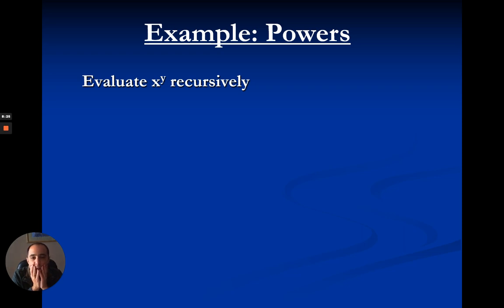Is it to the power of 1? Not to the power of 1, because that answer is different depending on what the base is, right? 3 to the power of 1 is different than 2 to the power of 1. So what your base case is in this case is the power of 0. Everything to the power of 0 is 1, right?